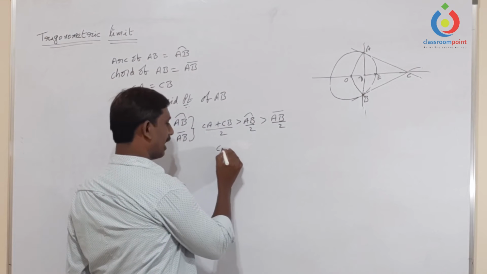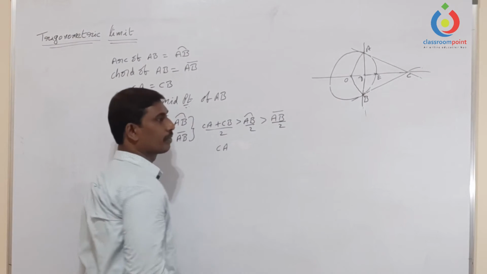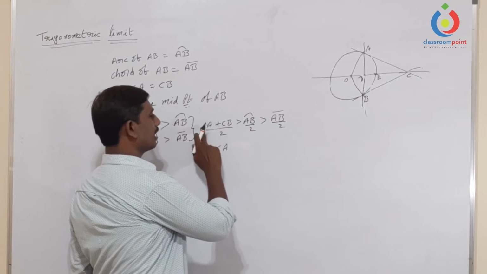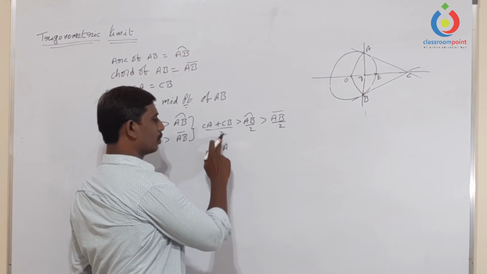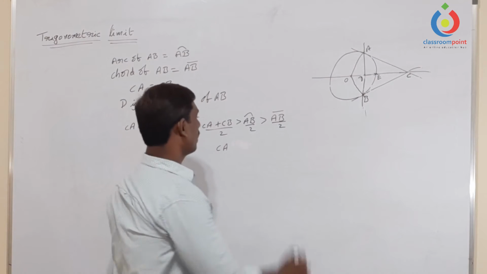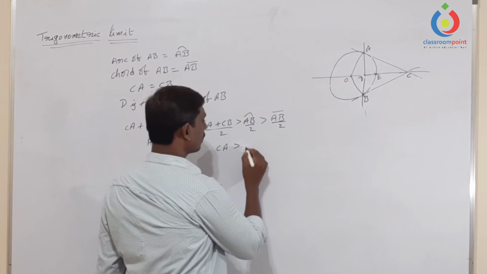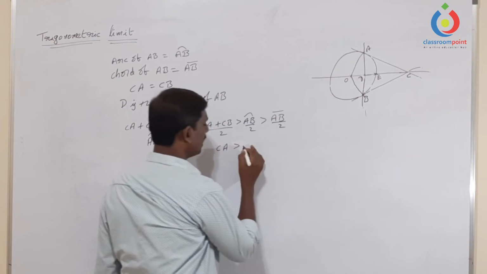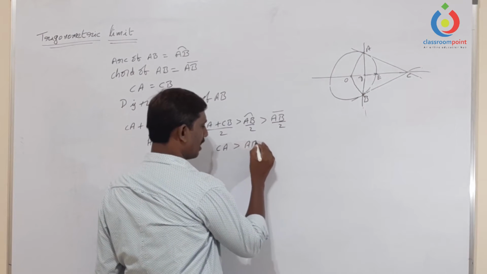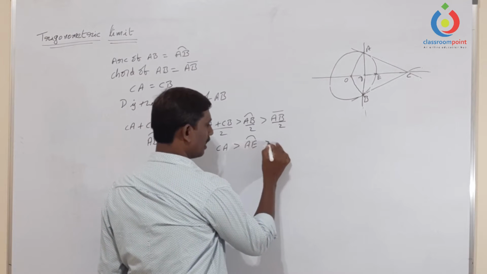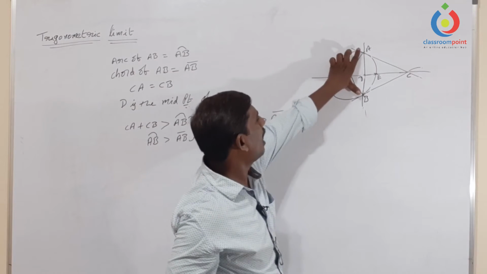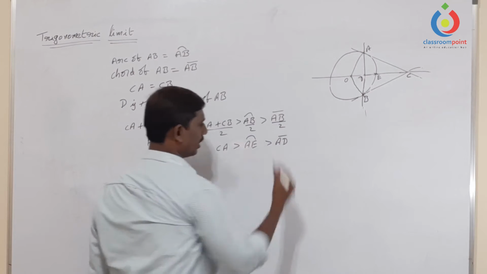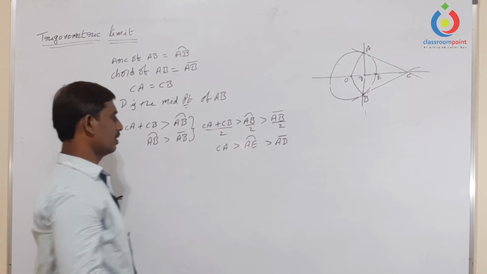Obviously both are equal, that means 2 CA by 2. The 2 will cancel. It is CA. Next, greater than half of arc AB, that means arc AE, greater than half of AB, that is AD bar. That is okay.